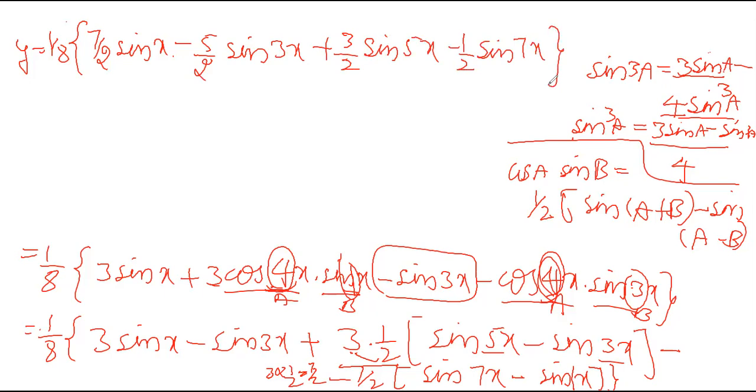I write that one, minus 1 by 2 sin 7x. Okay, this is the y. We want the nth term, means y. Y is equal to, you know that one, first you take the constant, 1 by 8, into the nth term.